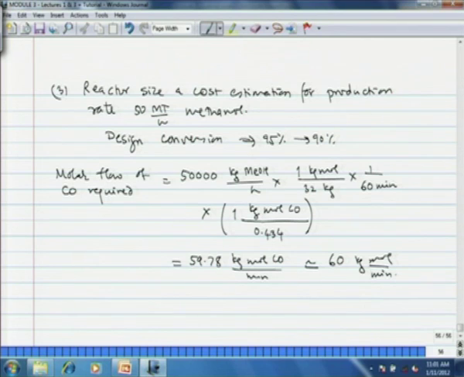Okay. We have to estimate the reactor volume. We have just estimated the catalyst weight that we need per mole of CO reacted.